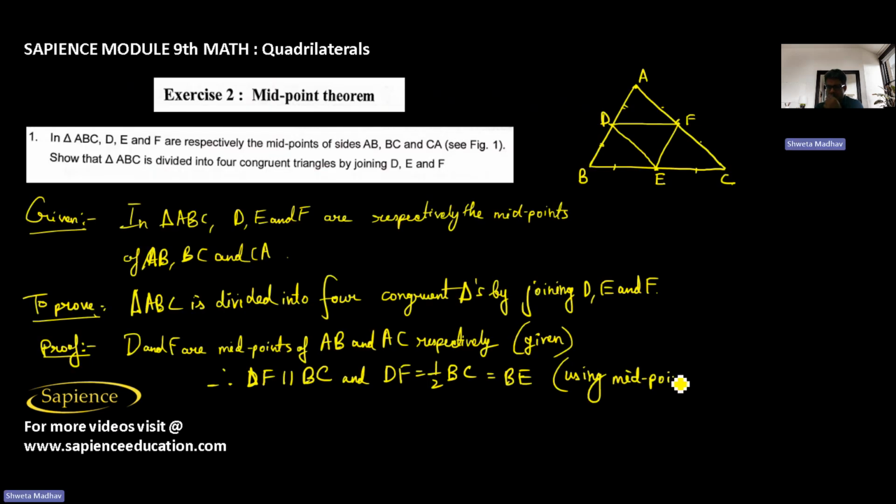And also, it is given that DE equals half of AC, since E is the midpoint of BC.